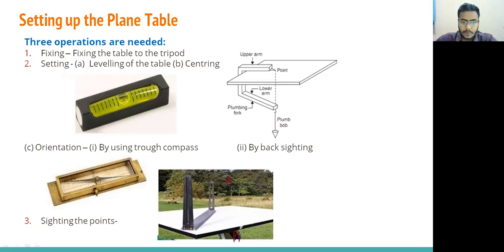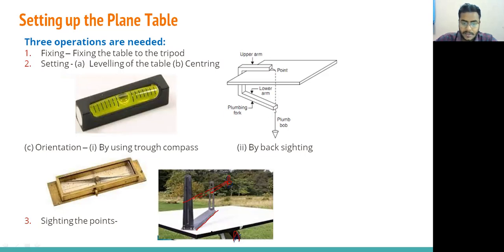We can sight through the eye vane towards the fore vane, and we will locate this B. We make sure this is a line, and then through this edge we will draw a line on the sheet.